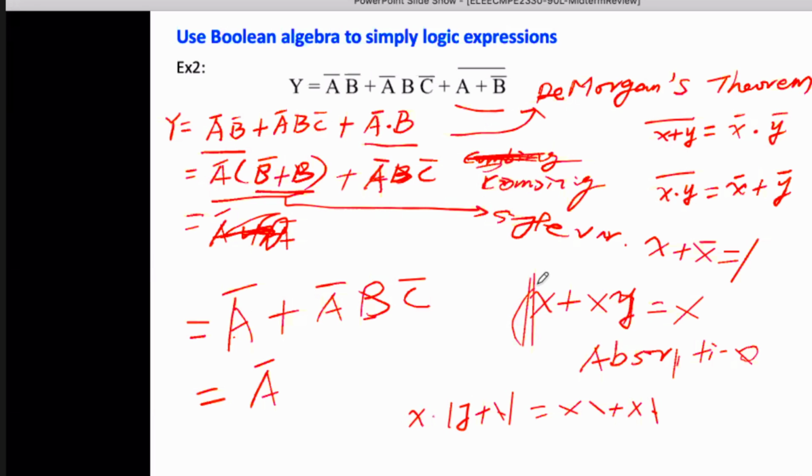And the combining property is also very common. That means if you combine two terms together and the two terms differ by only a single variable, then the final result is copying every variable except the one which doesn't share the value. And what else? The consensus property.